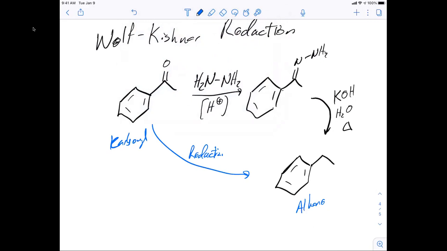So this is an important reaction for that transition, right? We saw a benzylic reduction of carbonyls with Clemmensen reduction, right? When we're dealing with benzylic carbonyls and the reaction with Friedel-Crafts acylation. The nice thing about Wolff-Kishner's reduction is this works with any carbonyl, okay, or any aldehyde or a ketone.